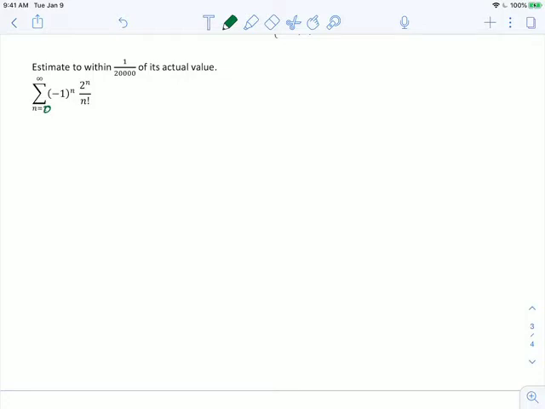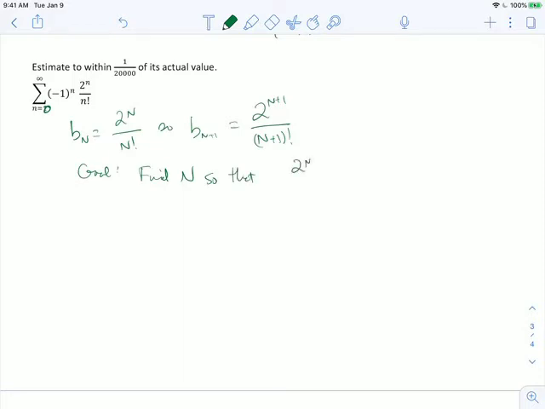But for the moment, I'm going to let or observe that b sub n is 2 to the n over n factorial. So b sub n plus 1 is going to be 2 to the n plus 1 over n plus 1 factorial. So my goal is to find capital N so that 2 to the n plus 1 over n plus 1 factorial is less than 1/20,000th.